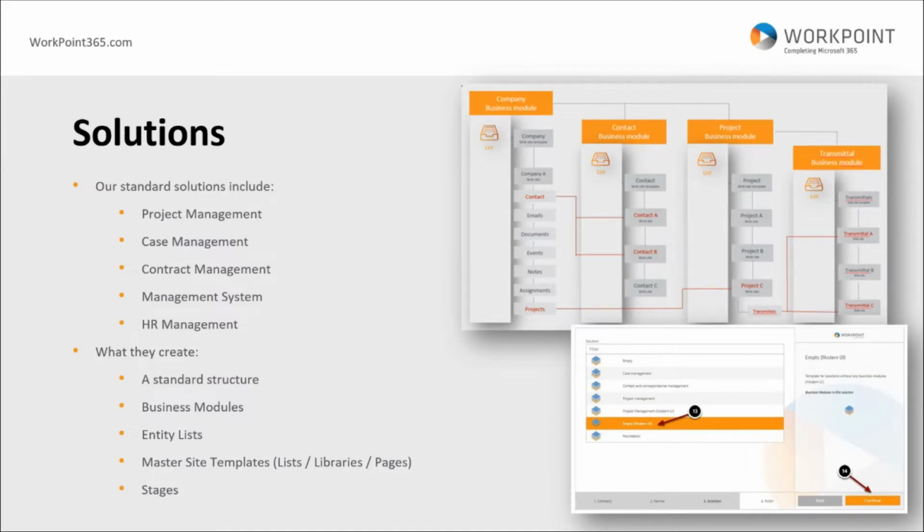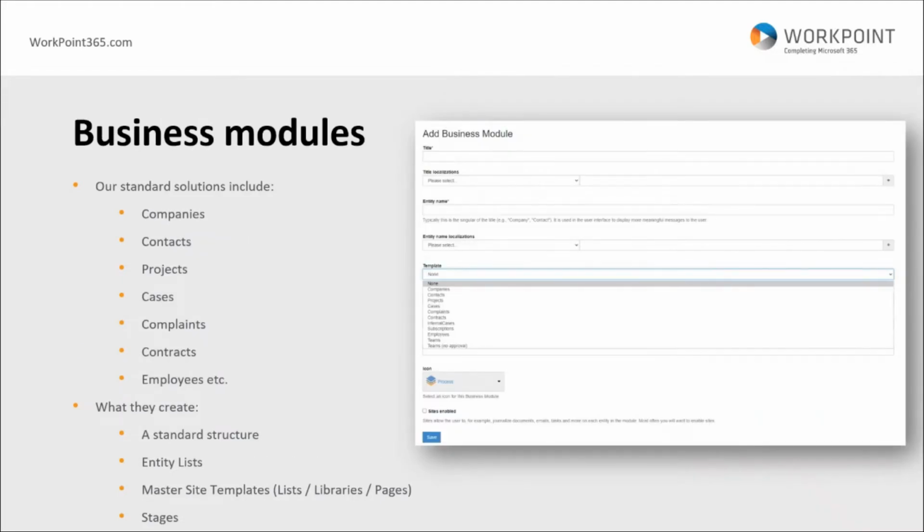So you can build your solutions using modules. Some of our standard modules include contracts, cases, employees, complaints. These are other business modules that you can use to build out your solution when you're creating your WorkPoint solution in a custom way.